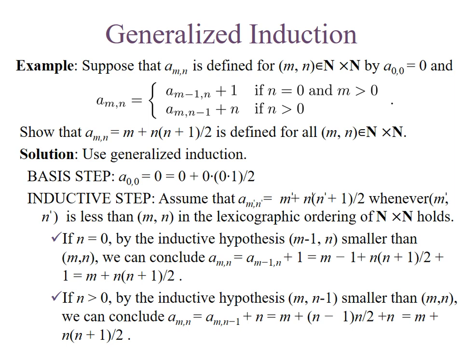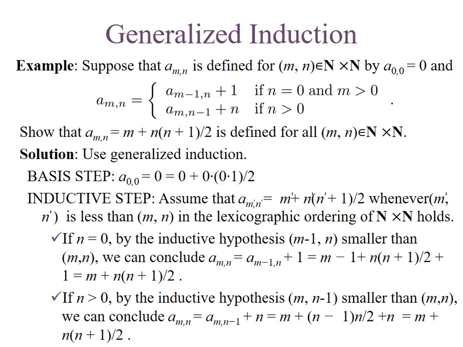If the pair follows the property, then we can apply this expression again. It would be n minus 1 plus n minus 1 times n divided by 2, plus n. After some simplification, you can see it is also n plus n times n plus 1 divided by 2.